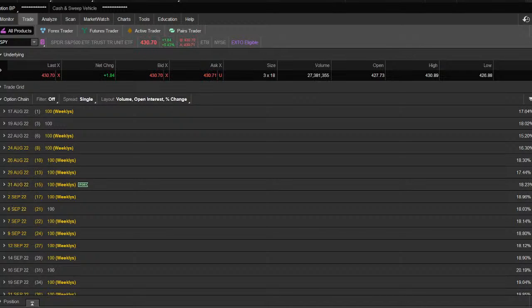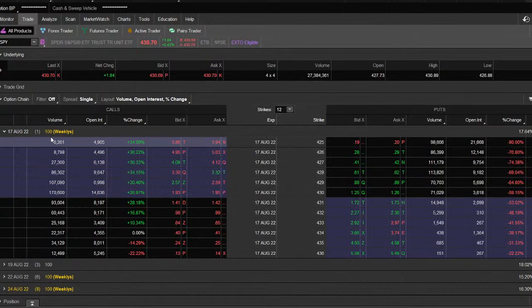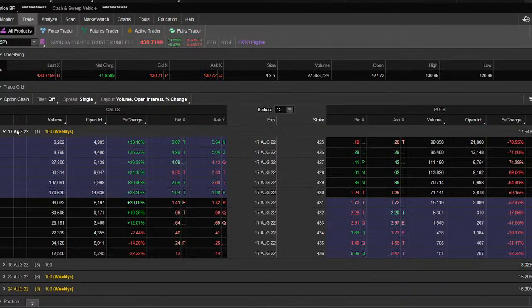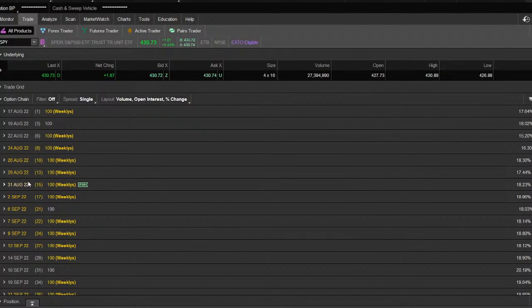I try to not touch these contracts that are about to expire. They could actually give you a better reward this close to expiration, but that makes the risk pretty high. So I try to stay around a week or two far out.